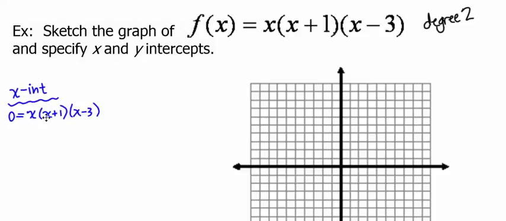And we're actually pretty good at using the zero product property. We get x equals 0, -1, and +3, which gives me 0, 0 for an x-intercept, -1, 0 for an x-intercept, and 3, 0.